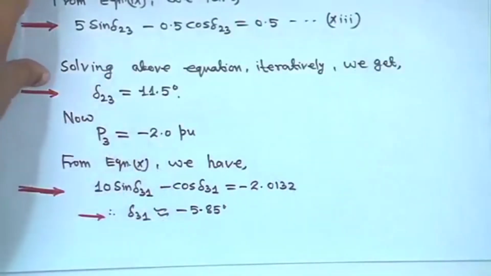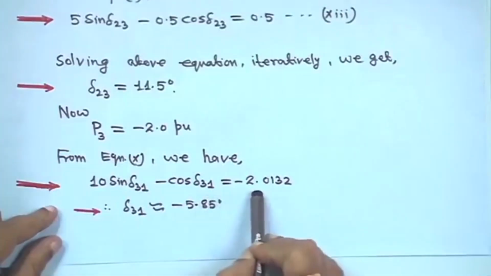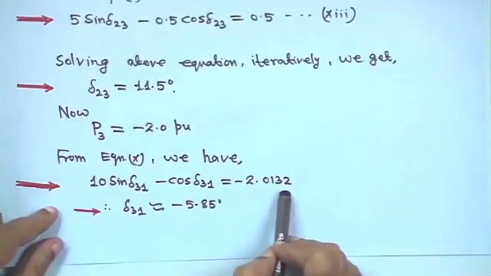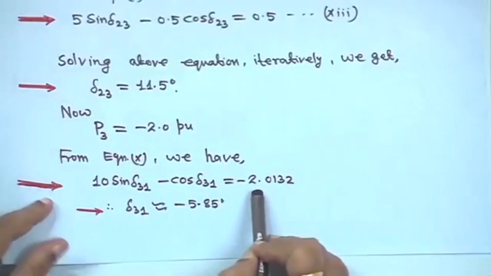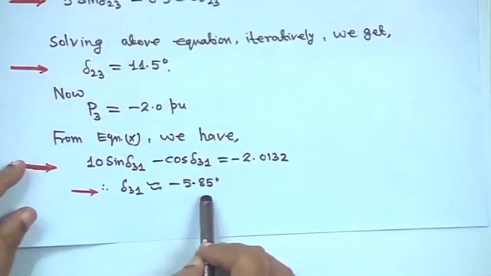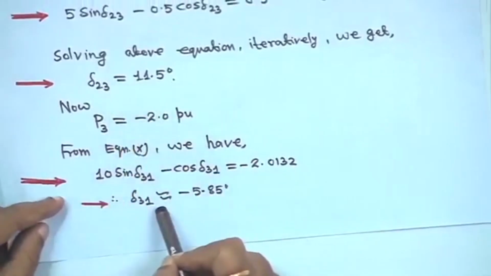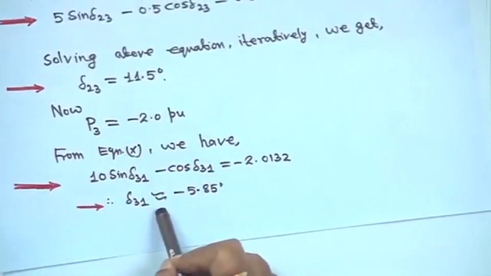Then you will get 10 sin δ31 minus cos δ31 is equal to minus 2.0132. Again by trial and error, I have got δ31 approximately minus 5.85 degrees, right. So, I have got this δ23 and δ31, right.